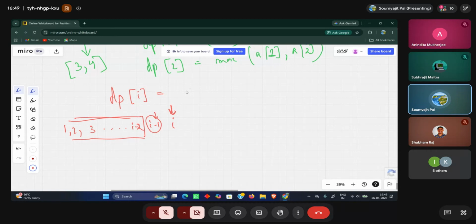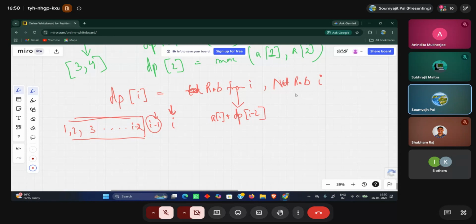So I have two choices: rob from i, or not rob from i. If I'm robbing from i, my answer would simply be a of i plus the maximum amount of money I could have got from the first i minus 2 houses.